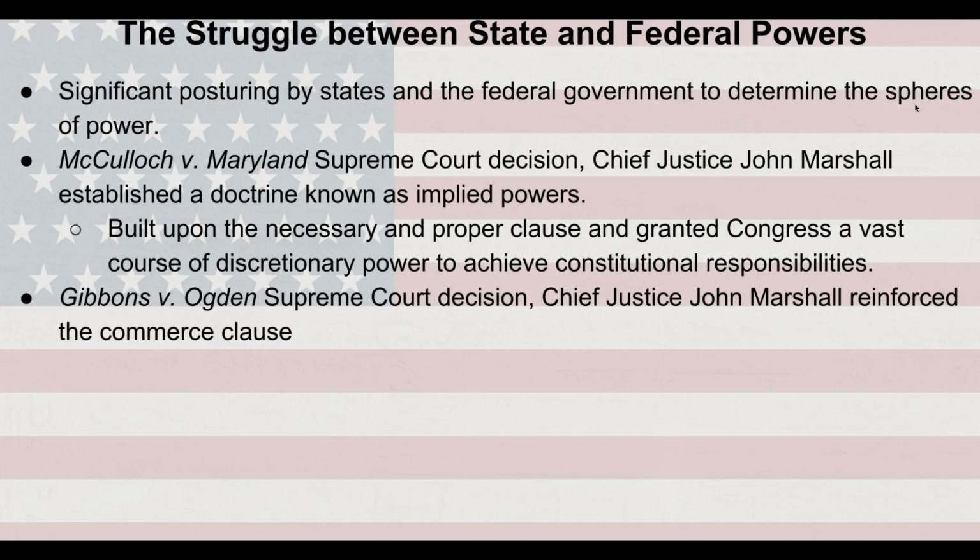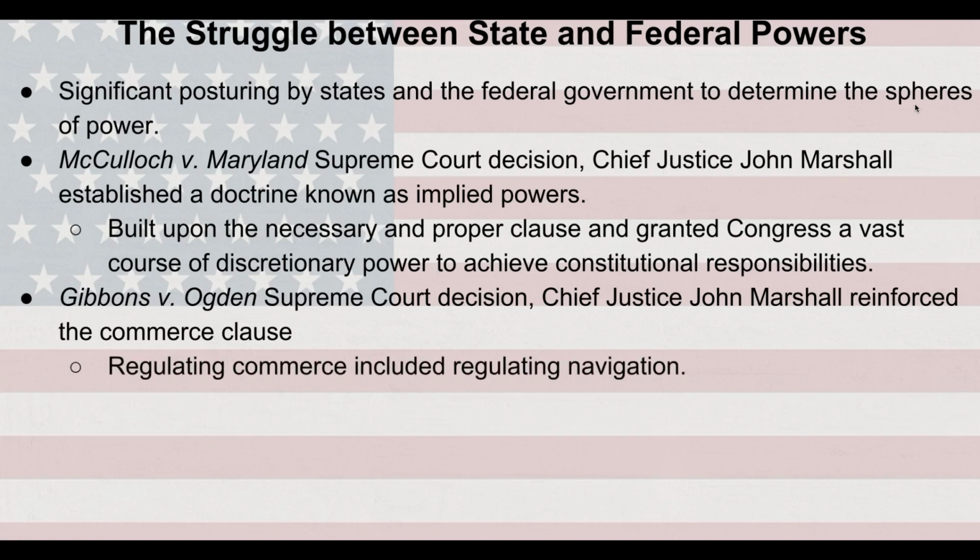This Supreme Court decision is fought based upon navigation of rivers, and so he expands the federal government's ability to regulate commerce to include regulating the navigation of rivers and seas and harbors in the United States.